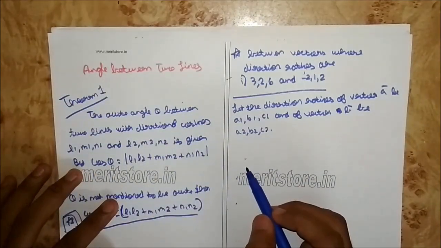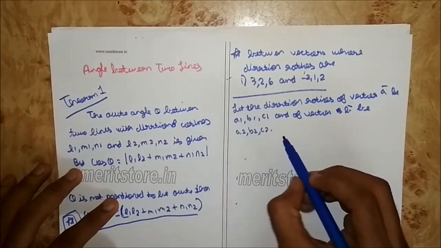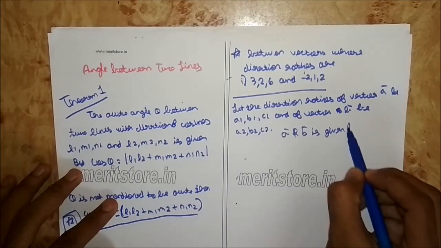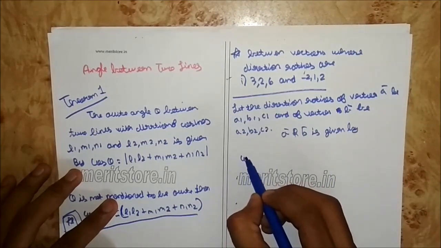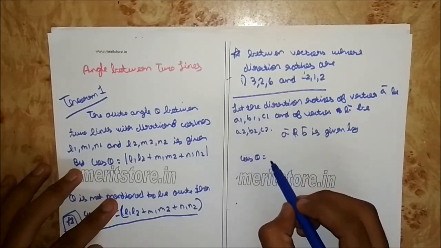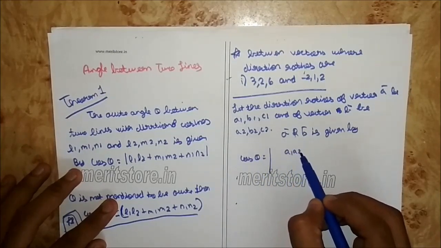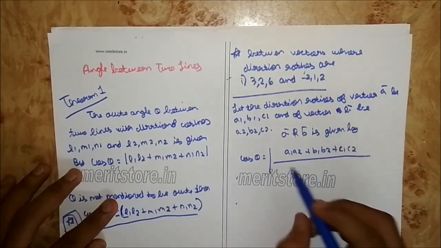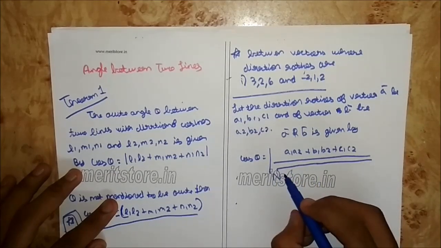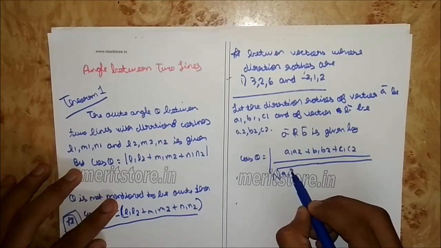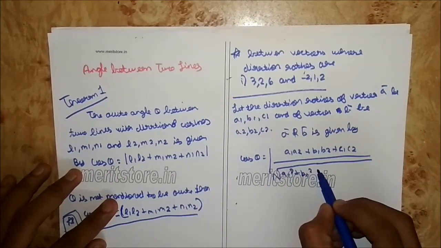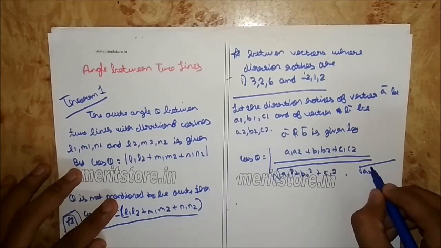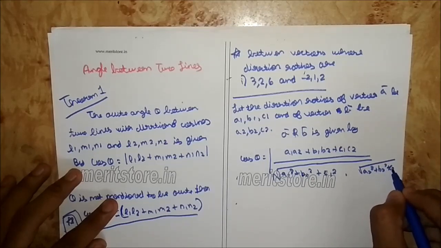Therefore, the acute angle between vector A and vector B is given by cos theta is equal to A1 A2 plus B1 B2 plus C1 C2 upon square root of A1 square plus B1 square plus C1 square, multiplied by square root of A2 square plus B2 square plus C2 square.